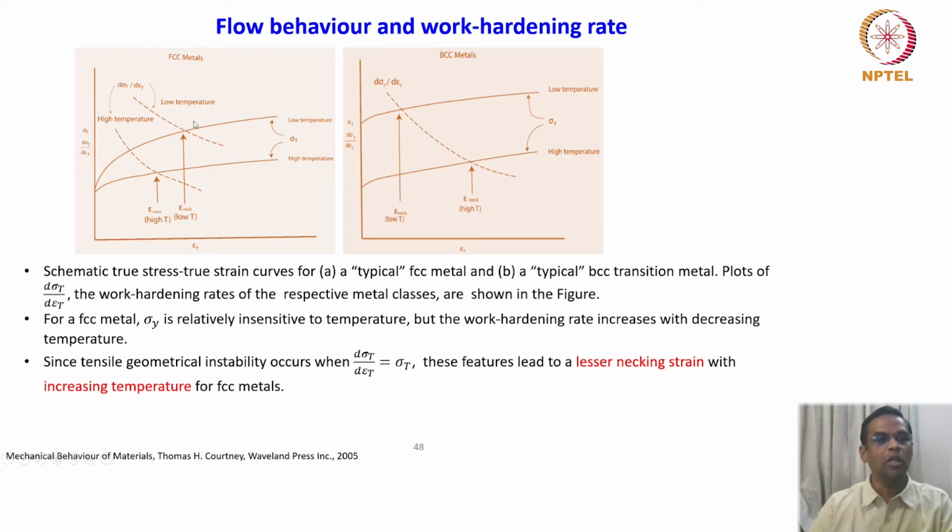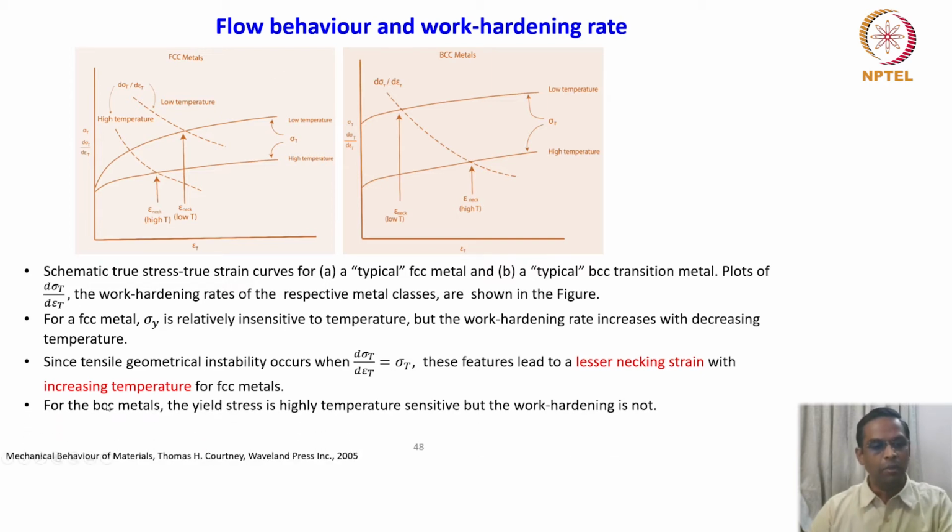So we are looking at two points of inflection, that is the point of instability, and the epsilon neck is lesser with increasing temperature for FCC metals. We can now relate this point with other fundamental quantities like stacking fault energy, strain hardening exponent, and strain rate sensitivity at high temperature. If you put all of them together, you will get more clarity on this.